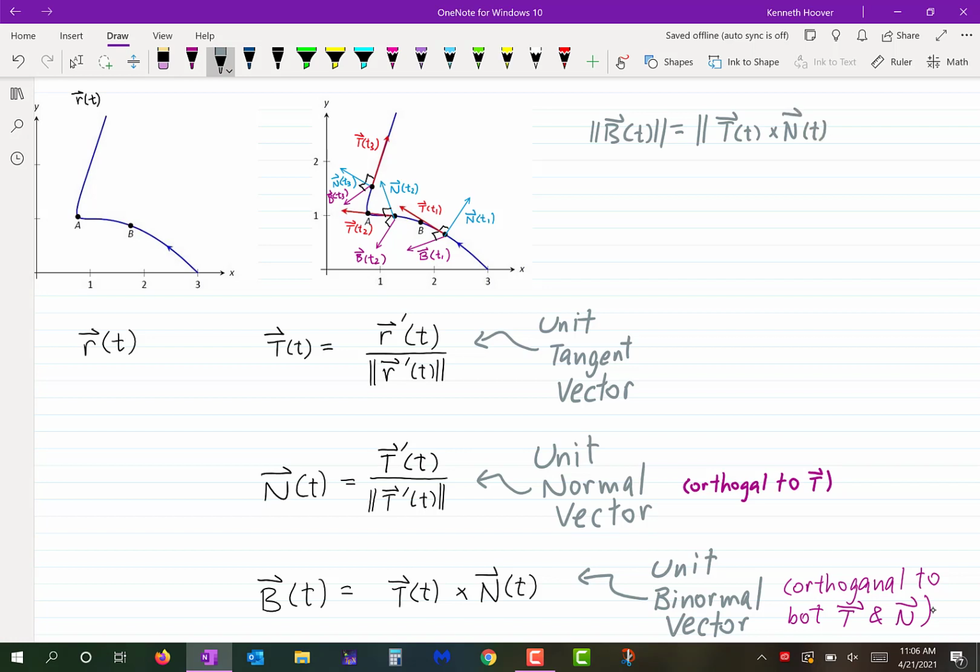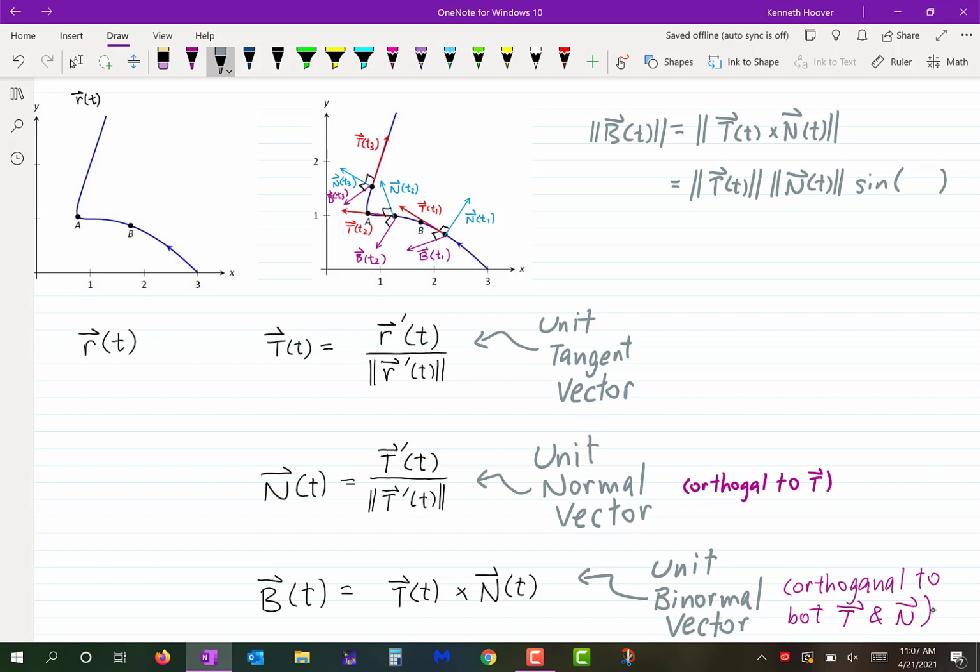But remember something about cross products. The magnitude of a cross product equals the magnitude of the first vector times the magnitude of the second vector times the sine of the angle between them. What is the angle between the unit tangent and the unit normal vector?